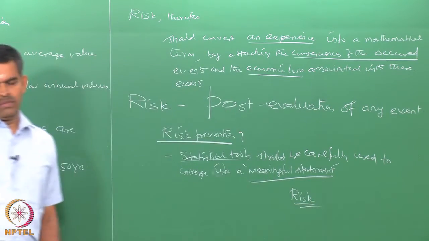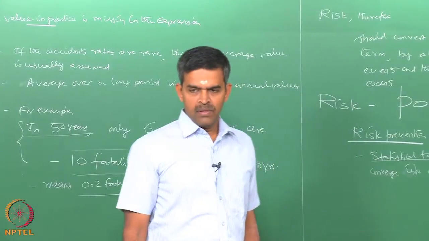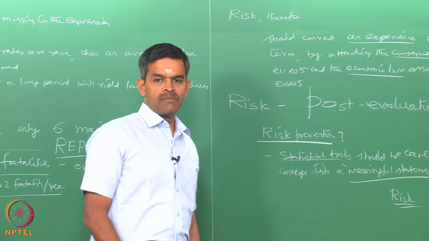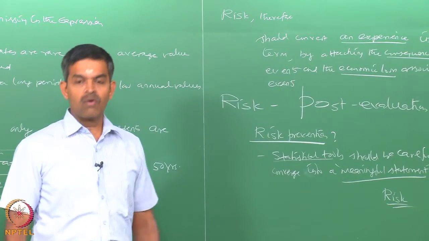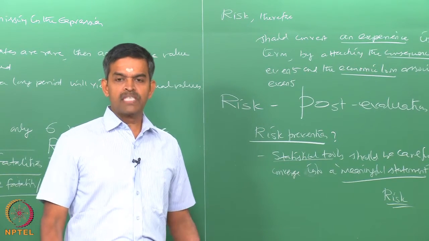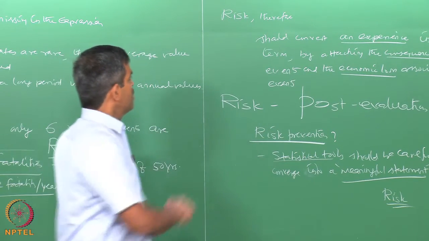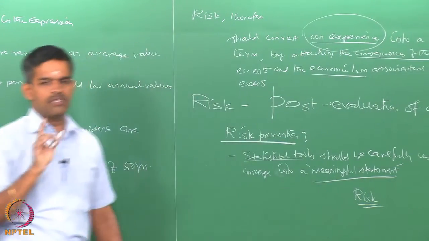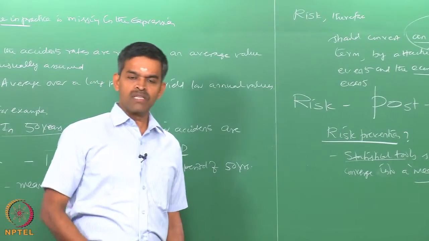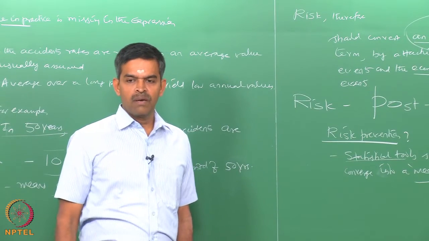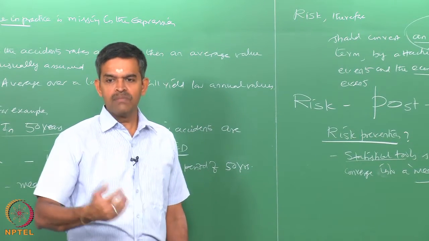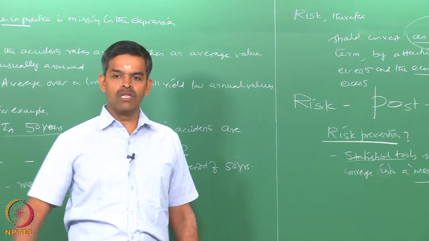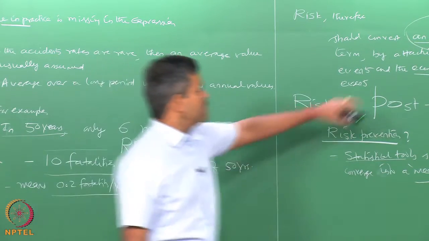So, therefore, to understand risk, if you are only a statistician or mathematician, it is not sufficient. You have got to feel it. You have to experience it. That is why I said risk should convert the experience, not the knowledge. You can always seek the knowledge, gain the knowledge by reading text, understanding them, simulating them, numerically modeling them, all are fine. What experience?